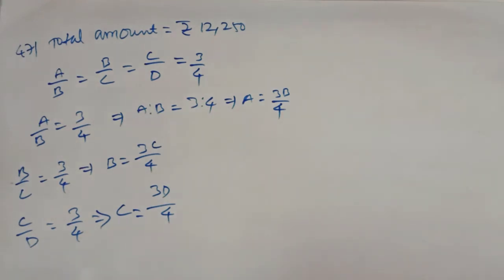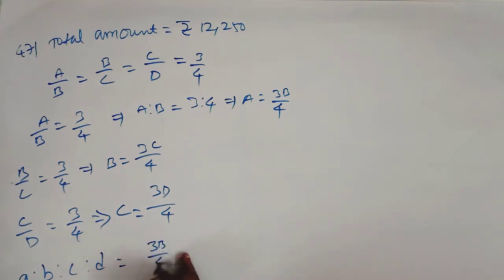Now I need to find A is to B is to C is equal to B is to C is to D. Okay, so before that, so here the ratio is A is to B is to C is to D is equal to, A value is how much? 3B by 4. Okay, and B is 3C by 4.